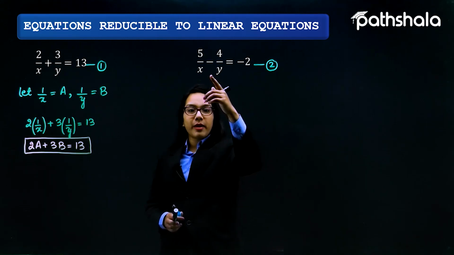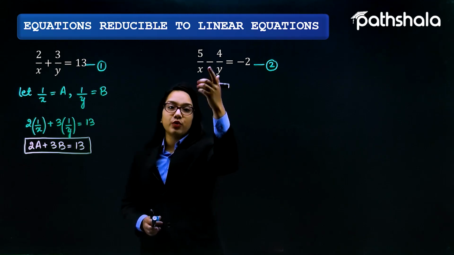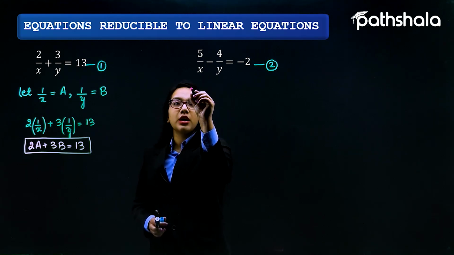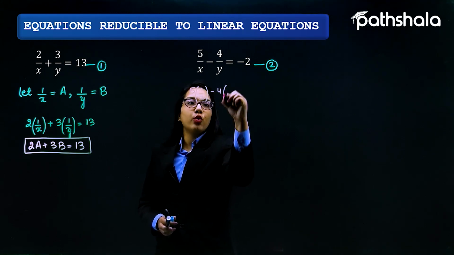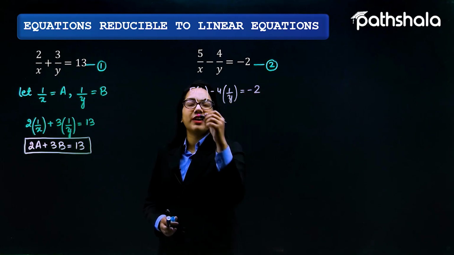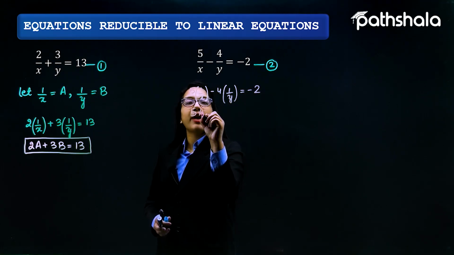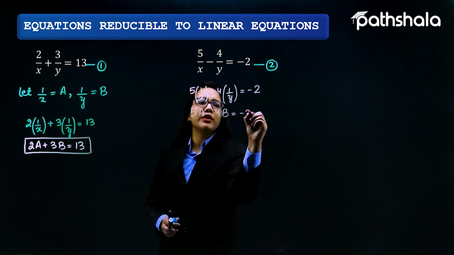We have taken 1 by x as capital A and 1 by y as capital B. So we can reduce this equation as 5 into 1 by x minus 4 into 1 by y equals minus 2. It means we can write this equation as 5A minus 4B equals minus 2.